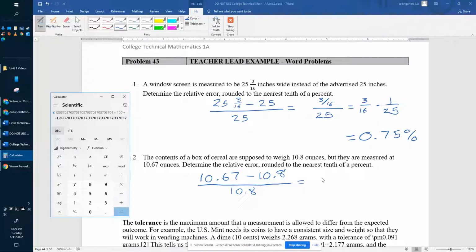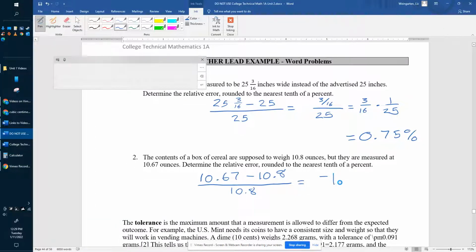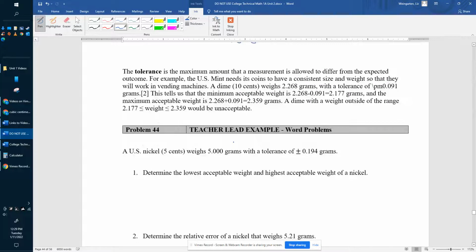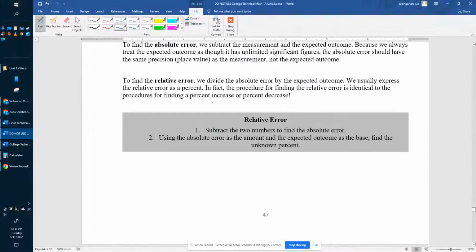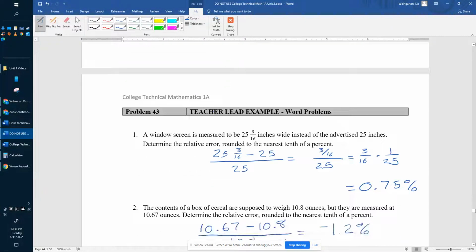So negative 1.2%. We have tolerances. Tolerance is the maximum amount that a measurement is allowed to differ from the expected outcome. So that's putting a limit on our absolute error.